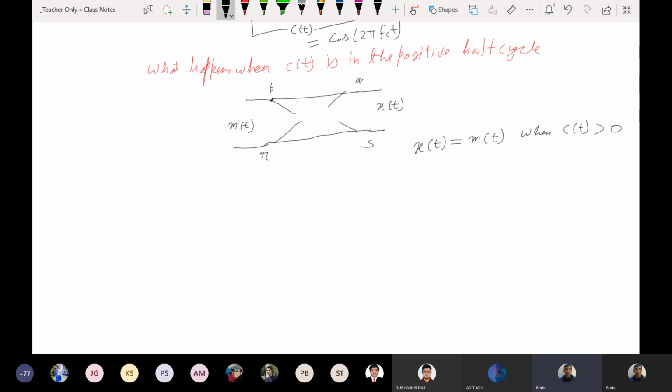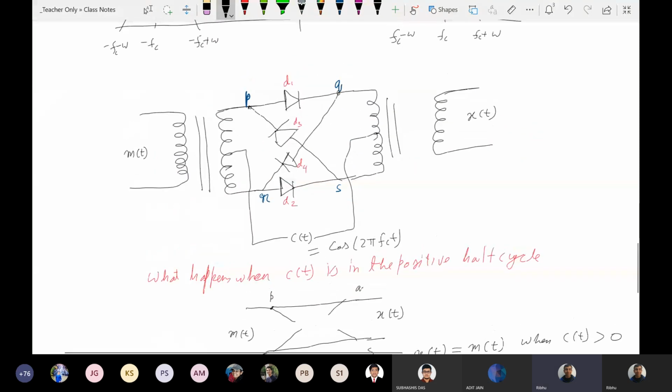So in the negative half cycle, D3 and D4 are off in the positive half cycle because, in the positive half cycle, I'll draw it here, possibly using this highlighter. Oh sorry, this is too thick.